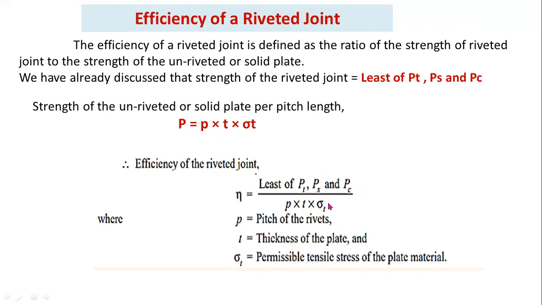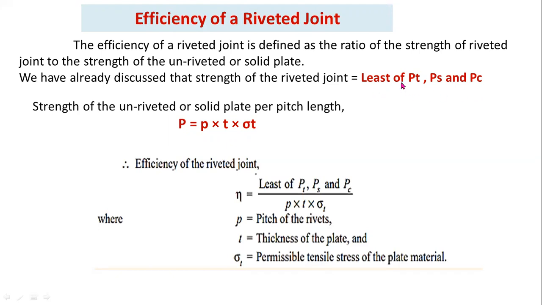Already from previous discussion, for the strength of the riveted joint, you have to consider the least value of tearing strength, shearing strength, and crushing strength. PT is the tearing strength, PS is the shearing strength, PC is the crushing strength.